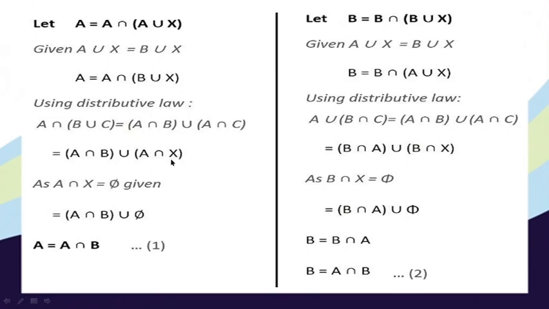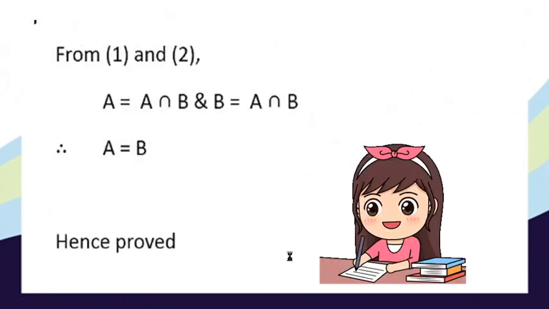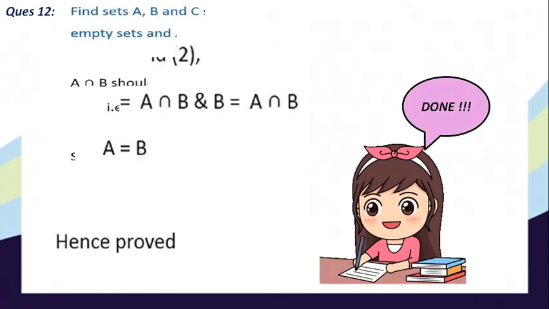Now A intersection X is already given as the empty set. So the union of any set with the empty set will definitely be equal to that set only. So A is equal to A intersection B. The same way we can take the second part and prove that B is equal to A intersection B. So from 1 and 2 we can say that A is equal to B, and it is proved.